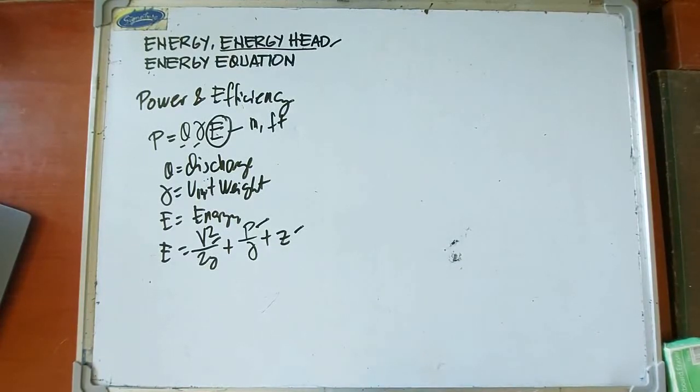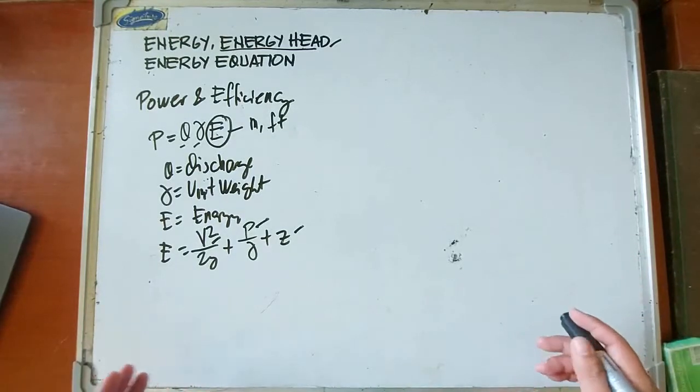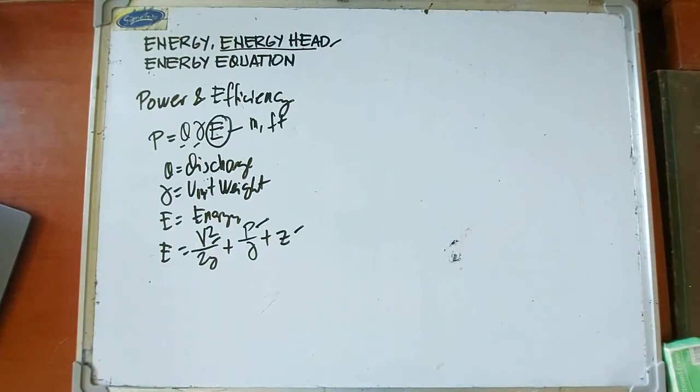So usually we'll be dealing with pumps. In between pipes, if you want the liquid to flow from a lower elevation to a higher elevation, we need a pump. And we also need a turbine if you want to produce power or electricity.